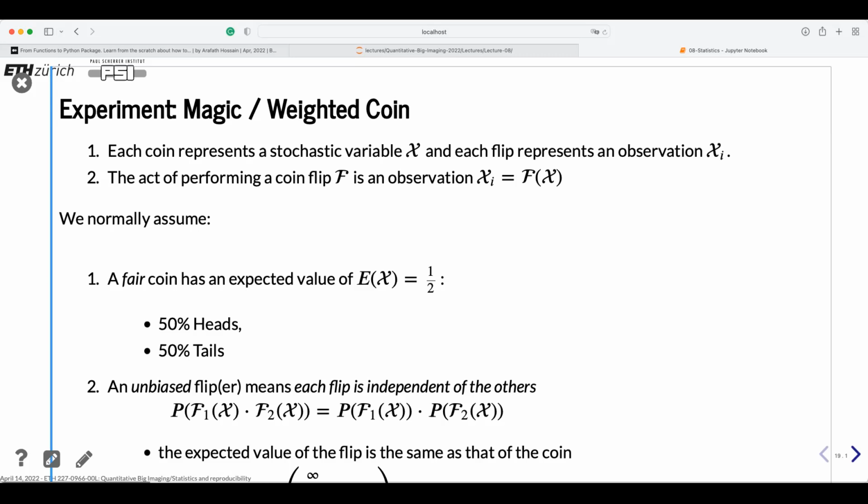And if you have a good coin, then you should expect that the expected value of the flips should be the long-term expectation of the whole coin. So that is the expectation of the whole example here.